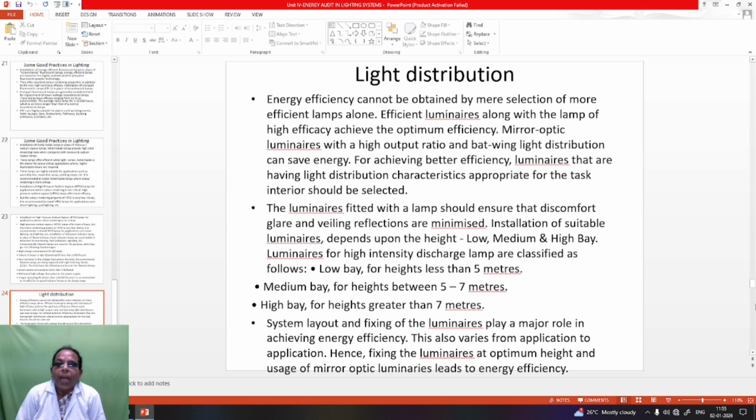System layout and fixing of the luminaires play a major role in achieving energy efficiency. This also varies from application to application. Hence, fixing the luminaire at the optimal height and usage of mirror optic luminaires lead to energy efficiency.